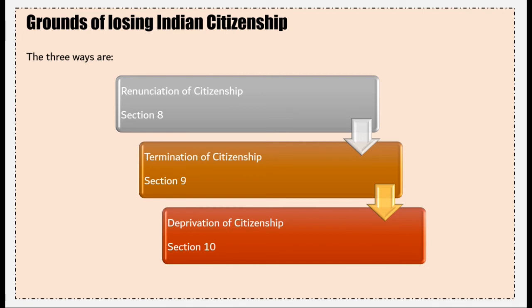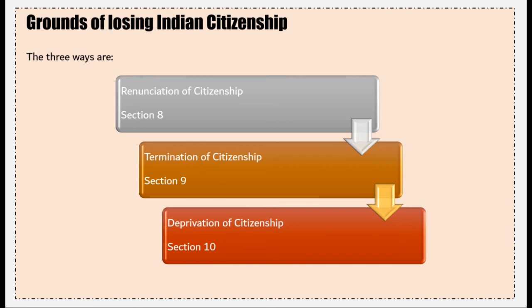First, renunciation of citizenship, Section 8. An Indian citizen can renounce his Indian citizenship by a declaration to that effect, and the declaration has to be registered by the prescribed authority, and upon such registration the person ceases to be a citizen of India.